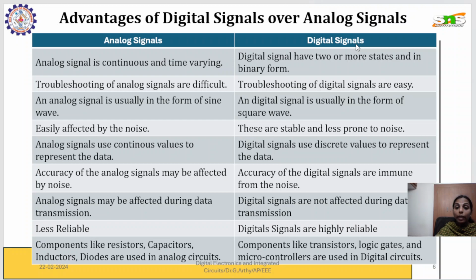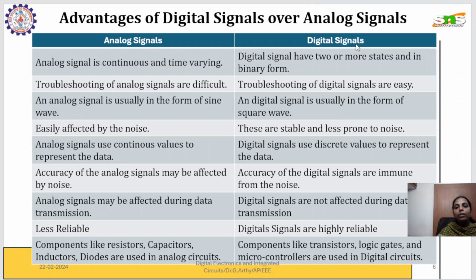Now let us see what is the difference between an analog signal and a digital signal. Though there are n number of advantages of digital signals over analog signals, I have classified here few important things. One is analog signal is continuous in nature and digital signals are discrete in nature. Troubleshooting of analog signals is difficult, but troubleshooting of digital signals is quite easy. An analog signal is usually in the form of a sine wave.